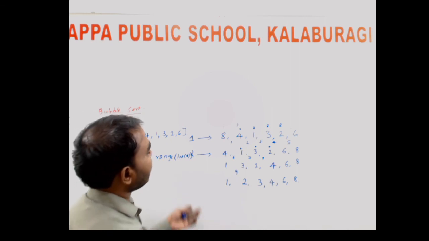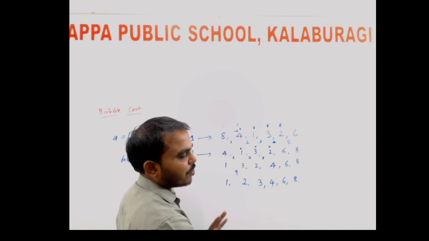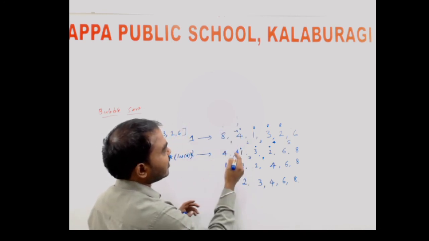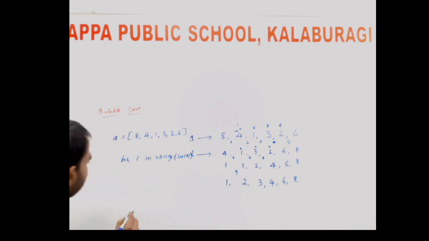So it is going to swap. For example, if this value is less than this value, then it is going to swap, right? So I'll take j minus 1; if it is less than the next one, then it is going to swap. So how it works, we'll see. One more for loop I have to take, for j in range.